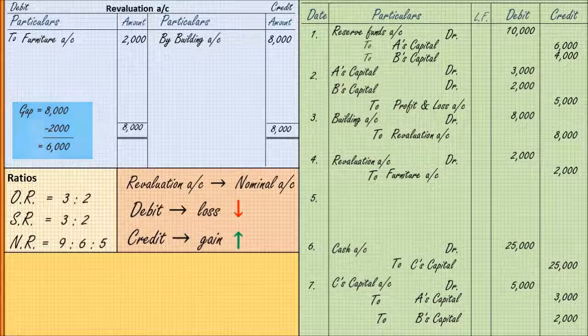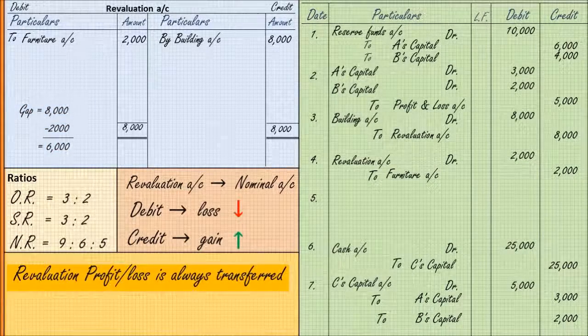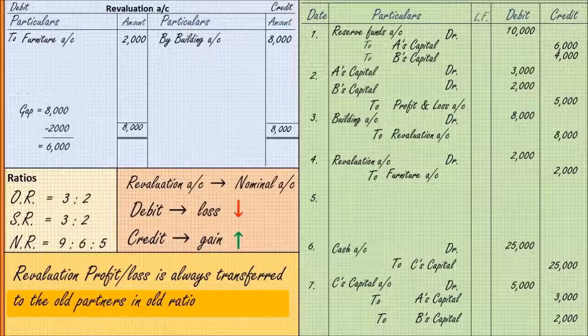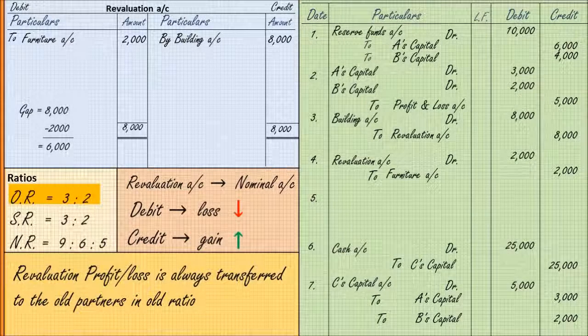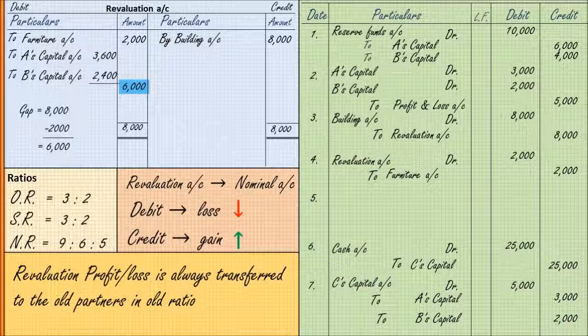Be careful. The revaluation profit or loss is always transferred to old partners in the old ratio. So to A's capital, to B's capital, the amounts will be 3,600 and 2,400. You can write them in the inner column, and in the outer column it will be rupees 6,000.